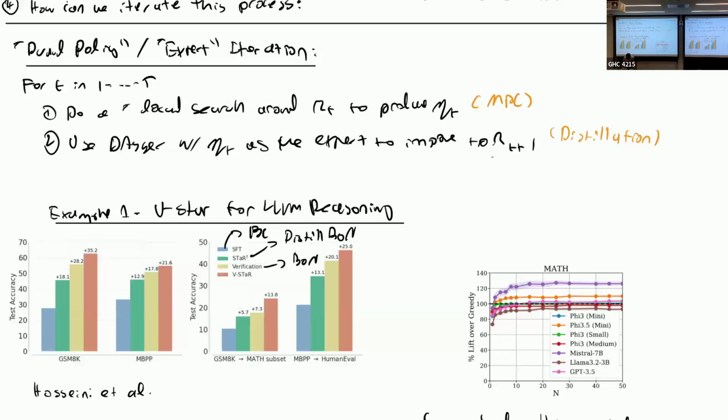What you can do though is you can actually iterate this process. So you can basically do best of n, feed into distillation, and then you can basically do another step of search.